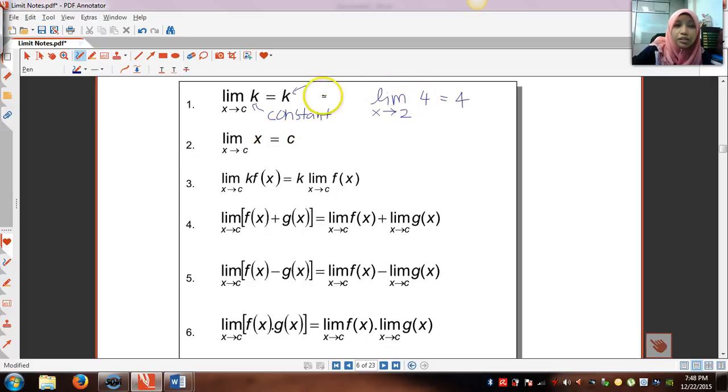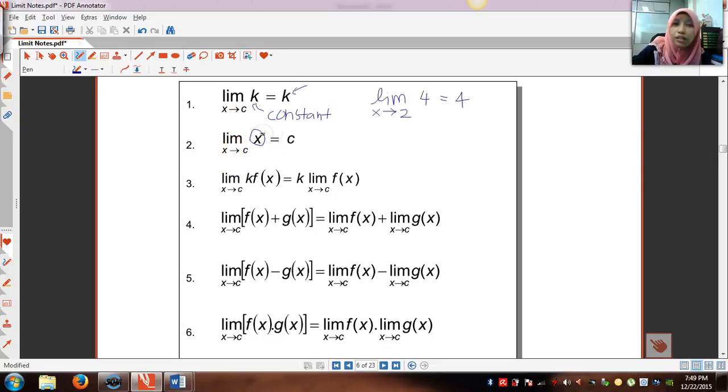Number 2. So this is not a k actually. This is actually a constant or any function. So we have any constant, any number, or any variable except x. Right. So for theorem number 2, we have the limit as x approaches c of x.